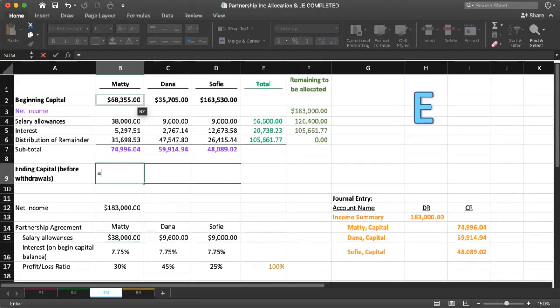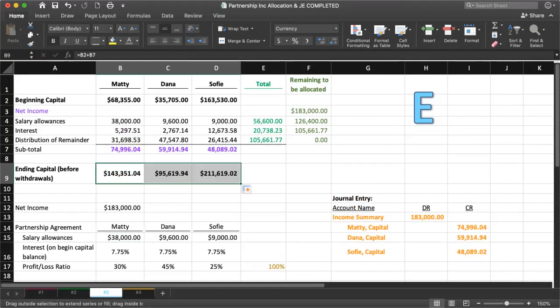All right, so the beginning capital for Mattie was $68,355. She was allocated an additional $74,996.04. So at the end, Mattie's capital balance before withdrawals is $143,351.04.